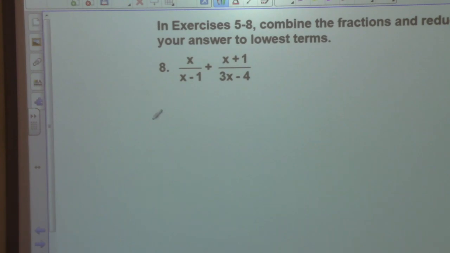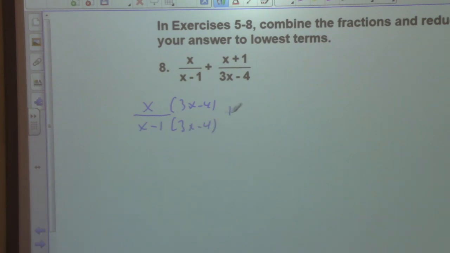Okay, you're going to multiply the x minus 4. And then you're going to multiply both of those by x minus 4, like this. Yes.